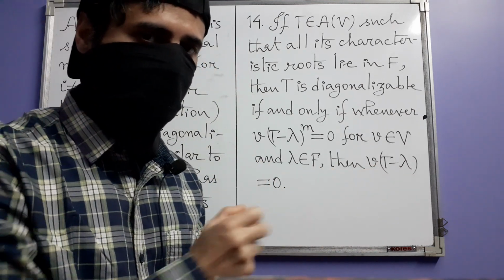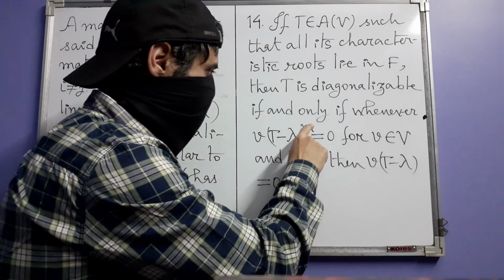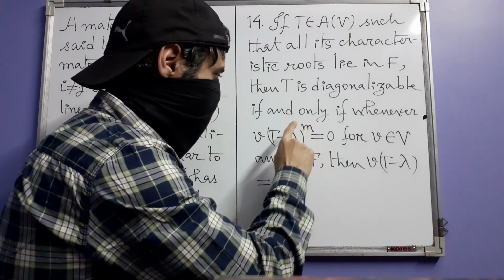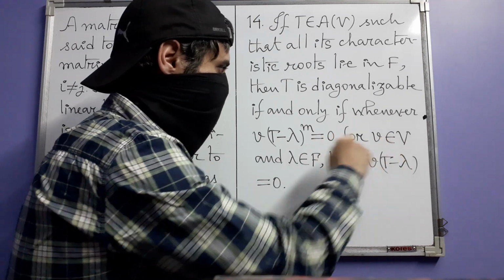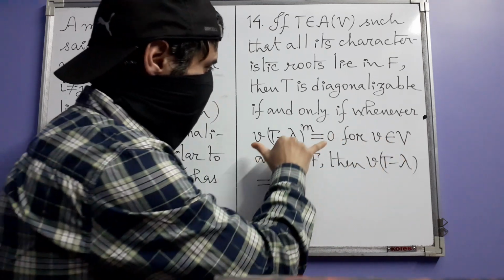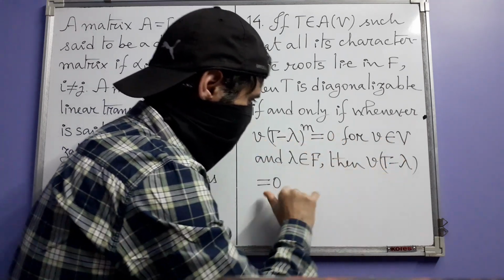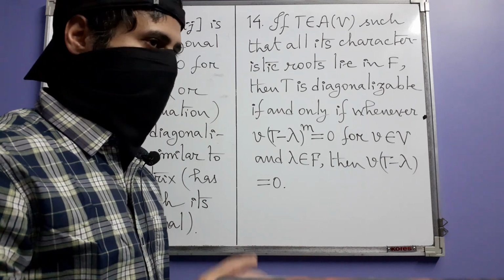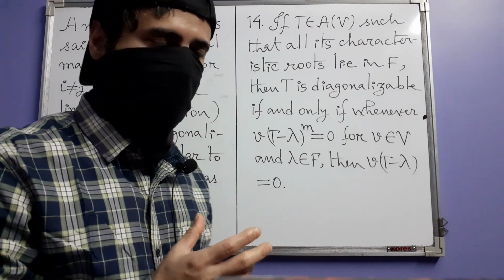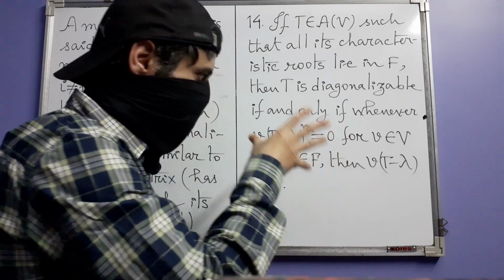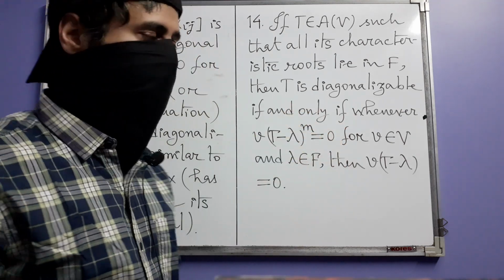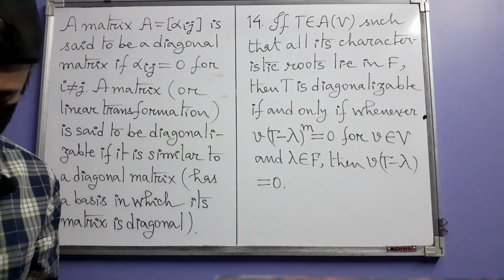Okay, so this condition is an implication. For a positive integer m, a scalar lambda coming from F and a vector v coming from our vector space, if this is true, then this is true. And the thing we want to prove here is that T is diagonalizable if and only if this implication is true. Okay, so let's start the solution.